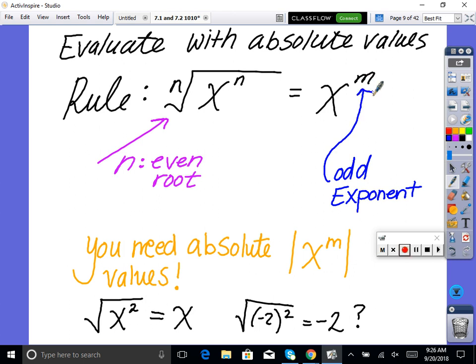So we have to make sure that we state that our answer is positive if this happens. If we have an even root and our answer comes out to have an odd exponent, then we need to add absolute values on our answer to say it's the positive of this. Even root, odd exponent, that is the only time you need it. Even root, odd exponent, in that exact order.